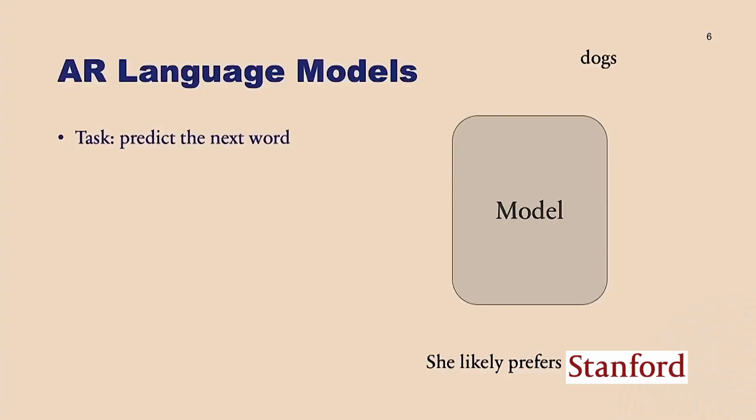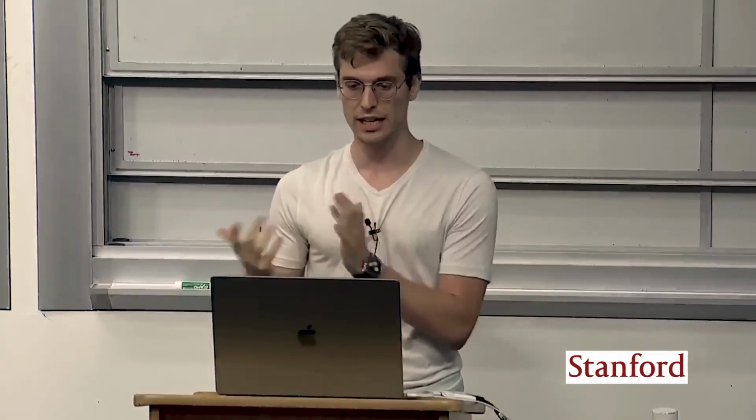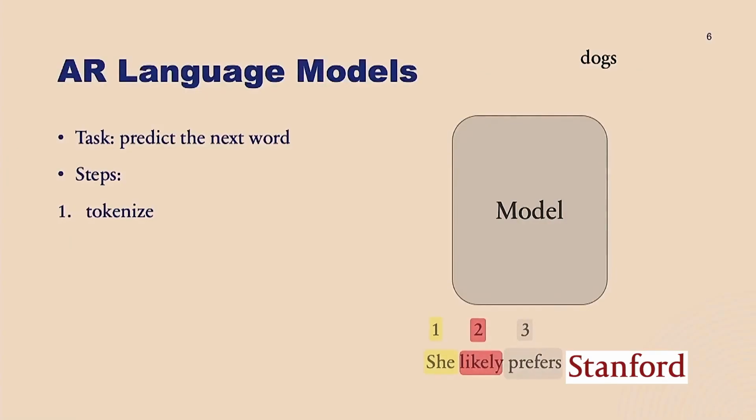Great. So autoregressive language models. At a high level, the task of an autoregressive language model is simply predicting the next word, as I just said. If you have a sentence like "she likely prefers", one potential next word might be "dogs". The way we do it is that we first tokenize. You take these words or subwords, you tokenize them, and then you give an ID for each token. Here you have 1, 2, 3.